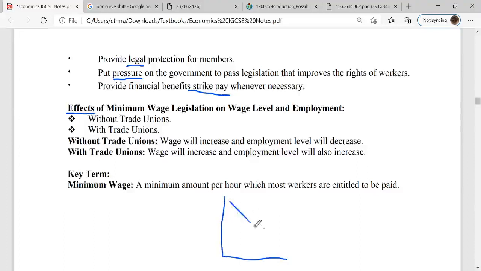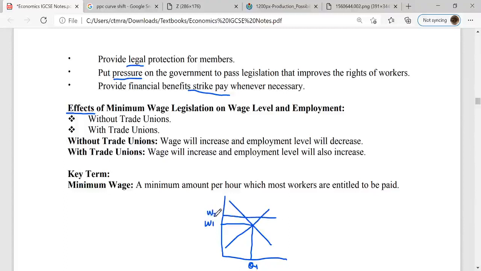Suppose the equilibrium is like this, and the wage rate was here, W1, and the quantity was here. But the government increases the wage to W2, which is above the equilibrium price.